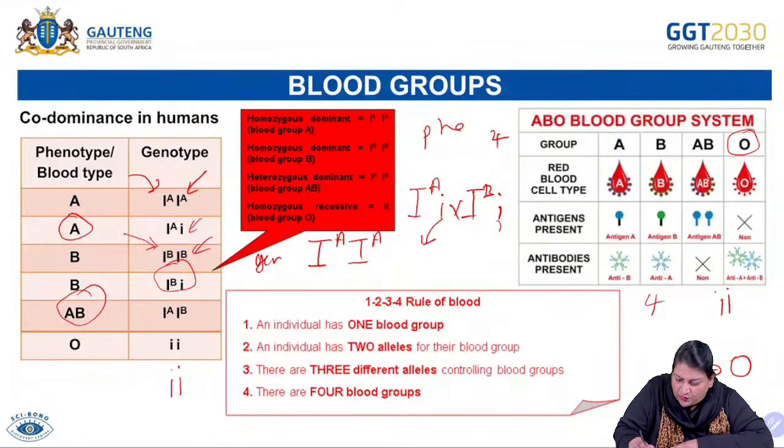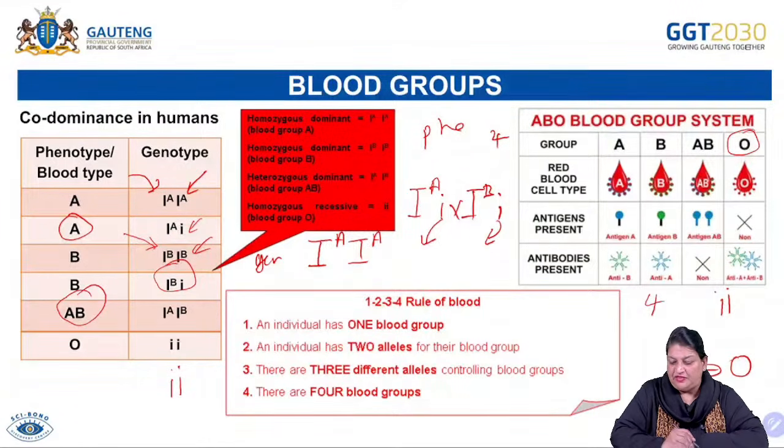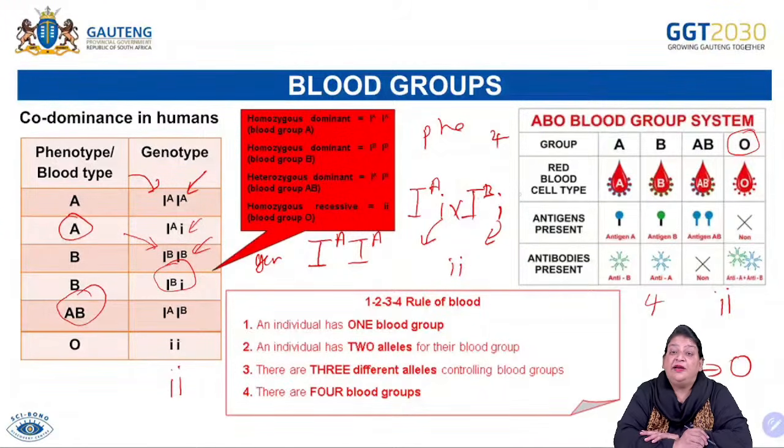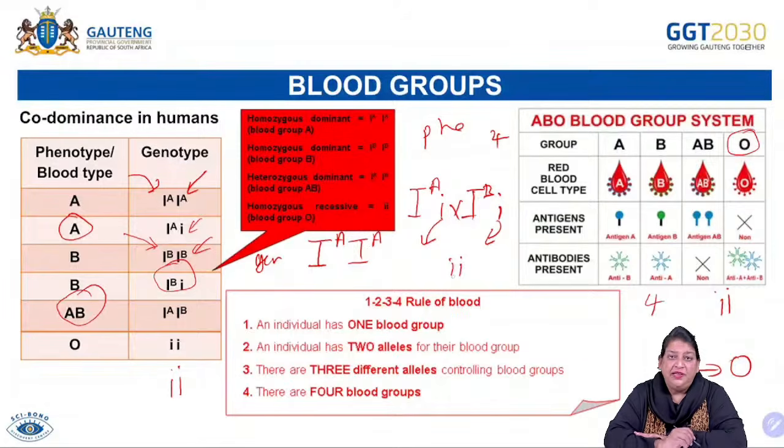That O allele from one parent and that O allele from the other parent. That's why, can you see? He can be blood group O and his parents can be blood group A and B because his parents have to be heterozygous. They must carry the O allele for him to be a possible blood group O child.